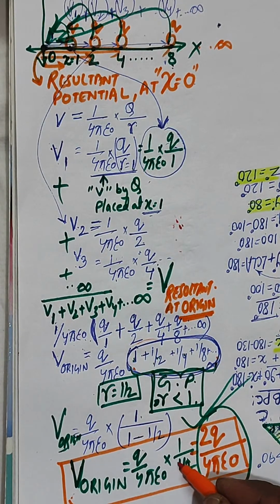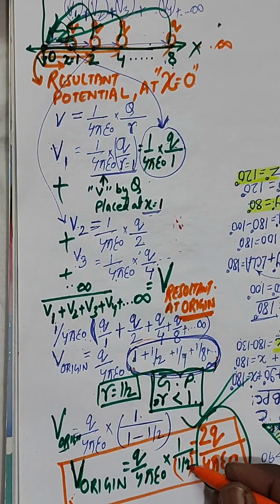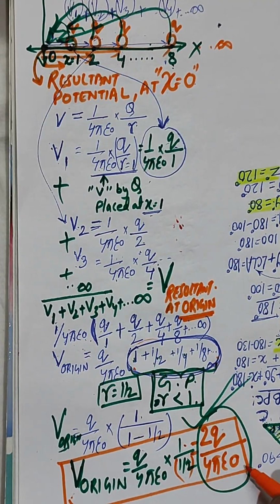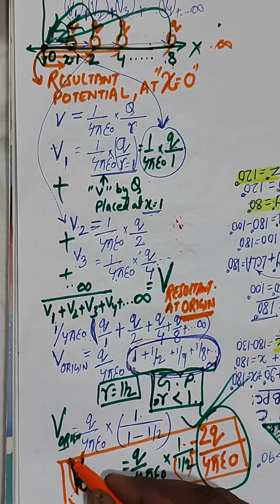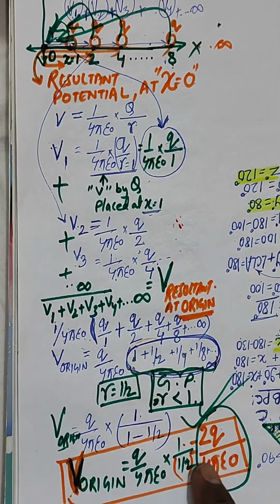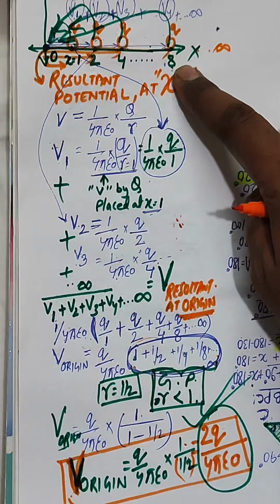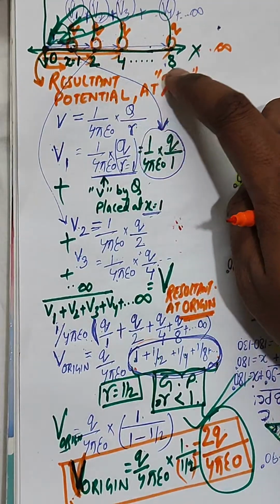Half is in the denominator, so 2 will go into the numerator. That's why 2q by 4 pi epsilon 0 is the total resultant electric potential at origin by all the charges placed at distances x equal to 1, x equal to 2, x equal to 4, x equal to 8, like that, right?